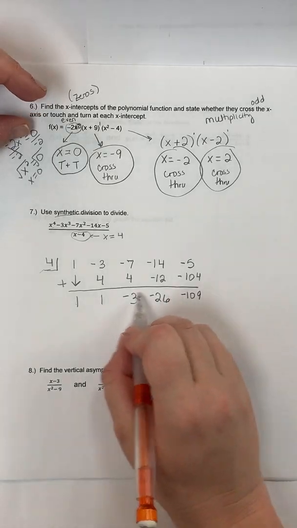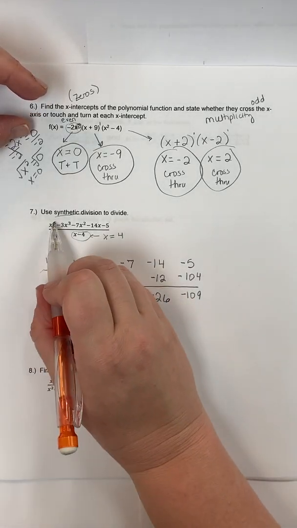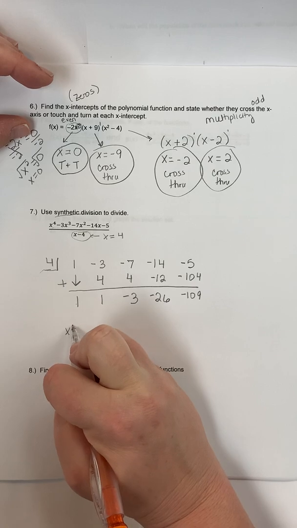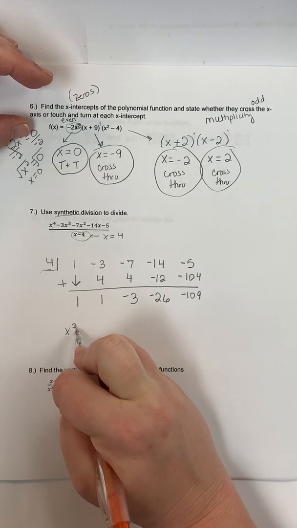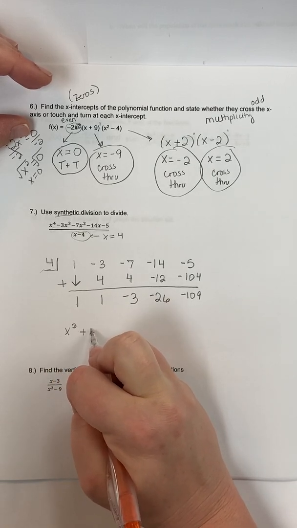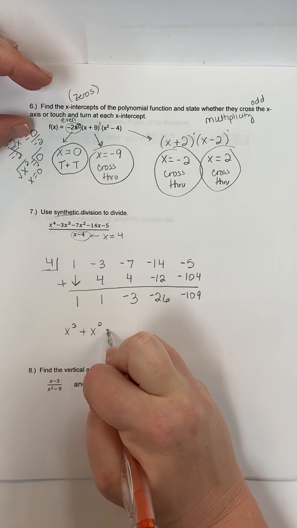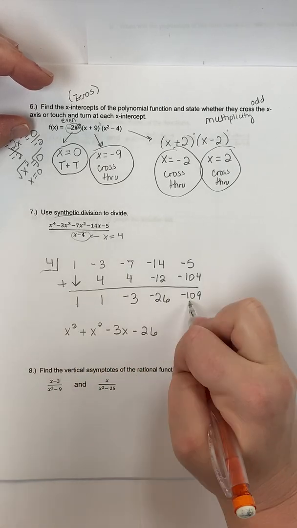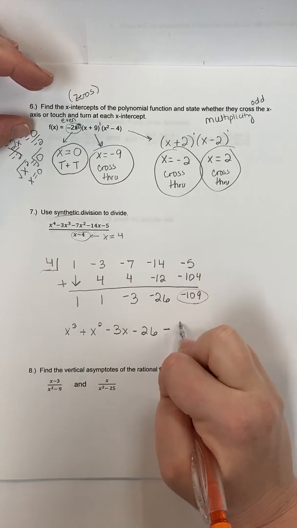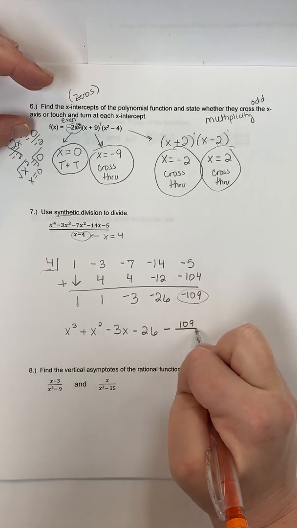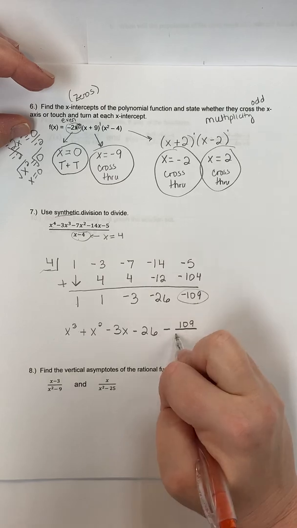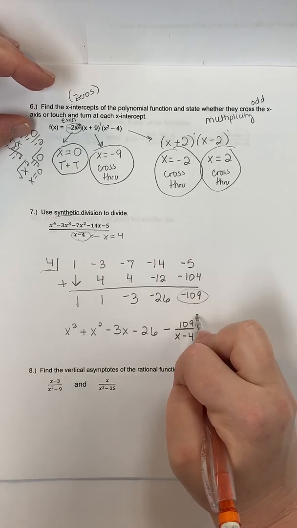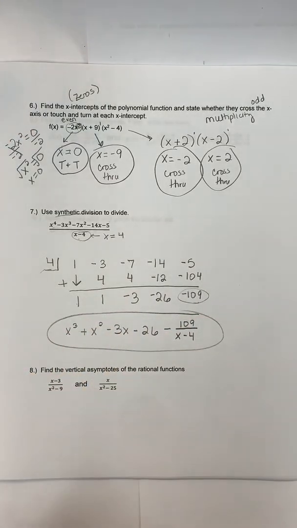Okay, now we need to write this as a polynomial. We had a 4th degree, which means our answer is going to be a 3rd degree. So x cubed plus x squared minus 3x minus 26, here's my remainder, minus 109 over the entire denominator, x minus 4. And there's my answer.